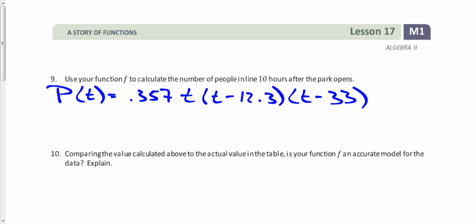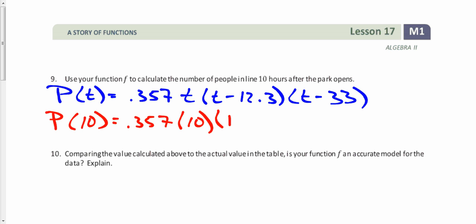So I want to calculate P when t equals 10. So everywhere I see a t, I'm replacing with 10, right? 0.357 times 10 times the quantity, 10 minus 12.3 times the quantity, 10 minus 33.